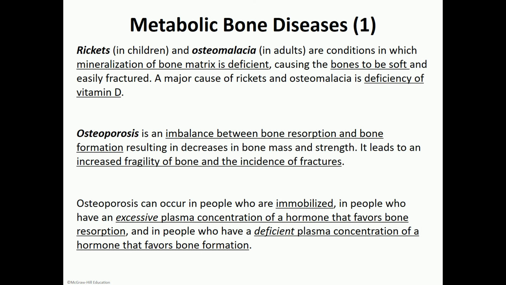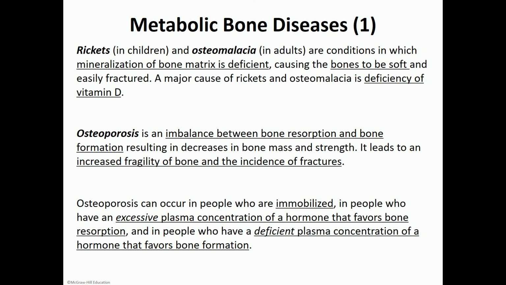Now we've got metabolic bone diseases. These metabolic bone diseases are mainly due to abnormalities of calcium or mineral levels in the bone. So we've got rickets and osteomalacia. They are both defects in the mineralization of bony matrix.